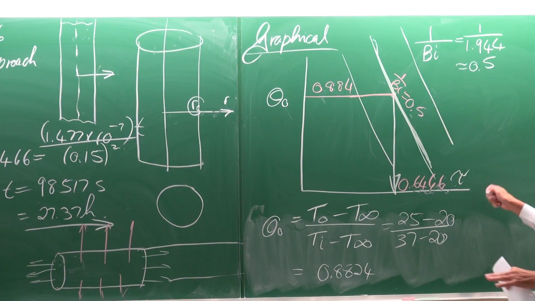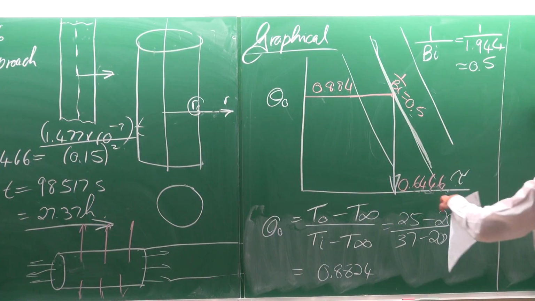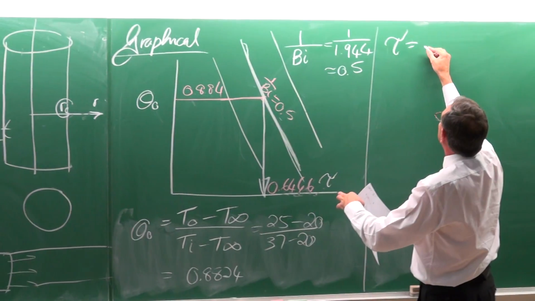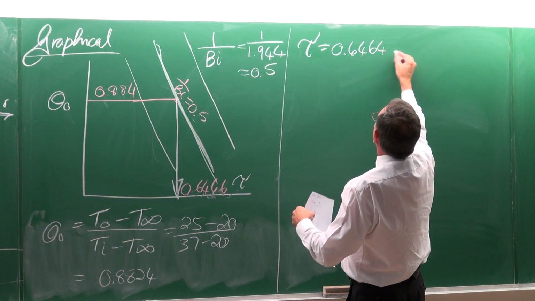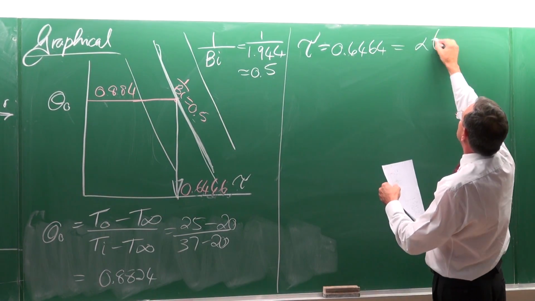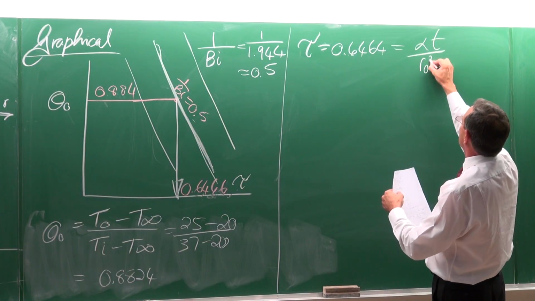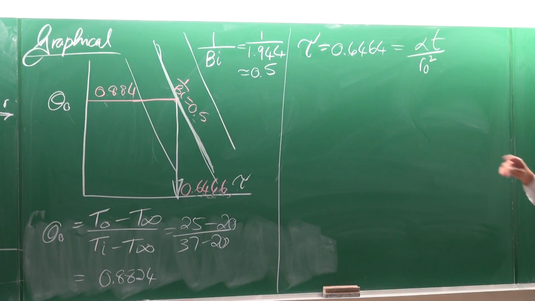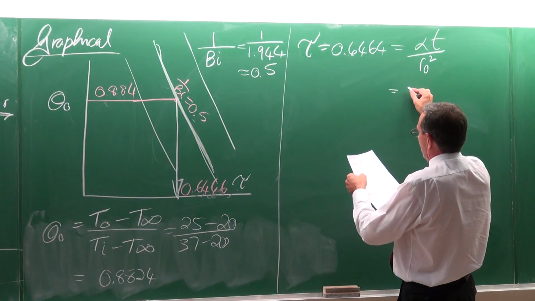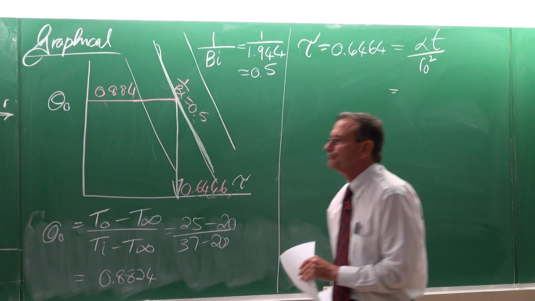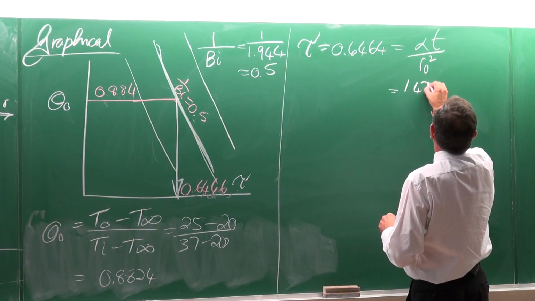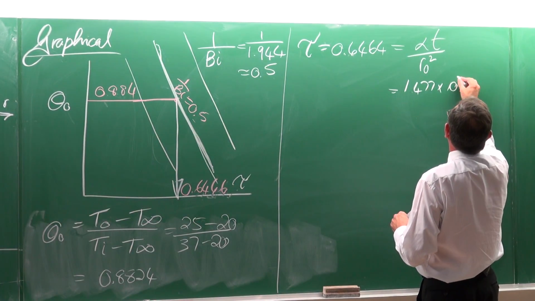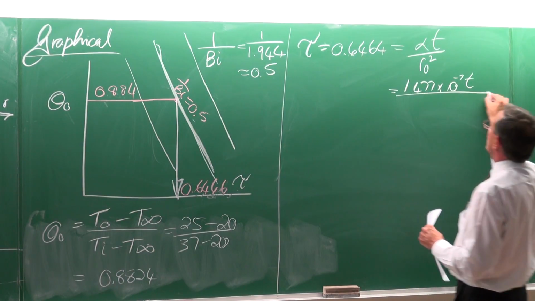So, if you now have, from the charts, that tau is equal to 0.6466, then you can say it is equal to alpha t divided by r0 squared. It's equal to alpha, which is 1.477 multiplied by 10 to the minus 7, multiplied by t.